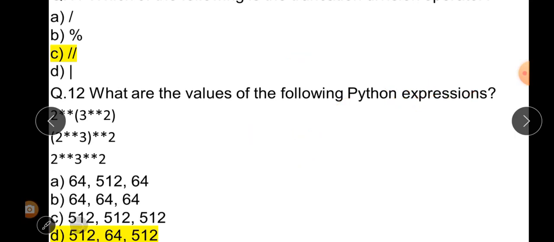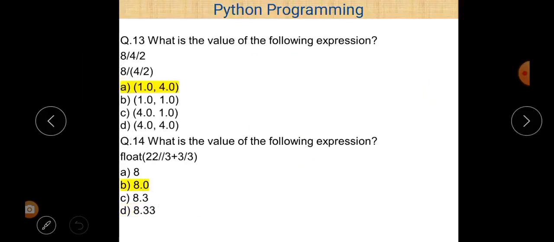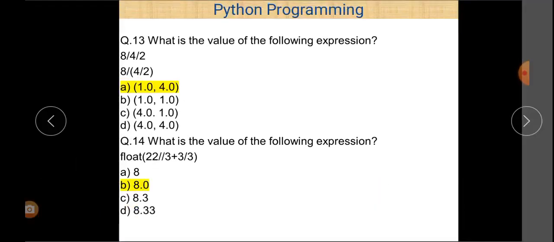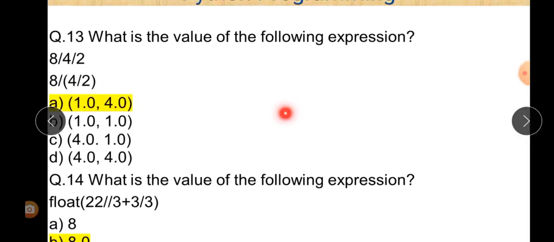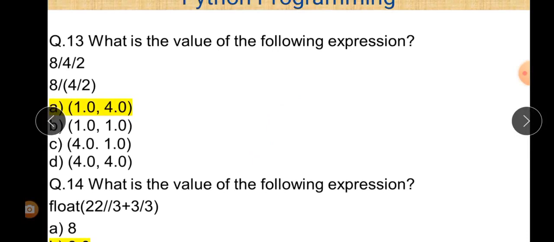Okay, now let us take another question. What is the value of the following expression? 8 slash 4 slash 2. The first question is, I think, very simple.